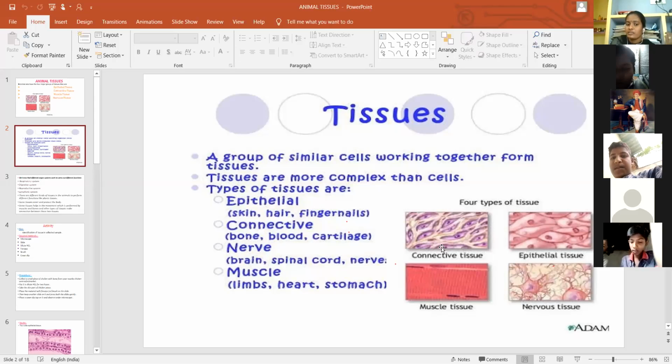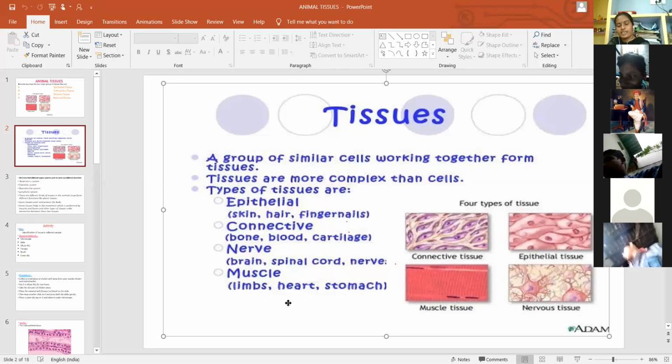Next, the third one is nervous tissue. The nervous tissue is present in the brain, spinal cord, and nerves.